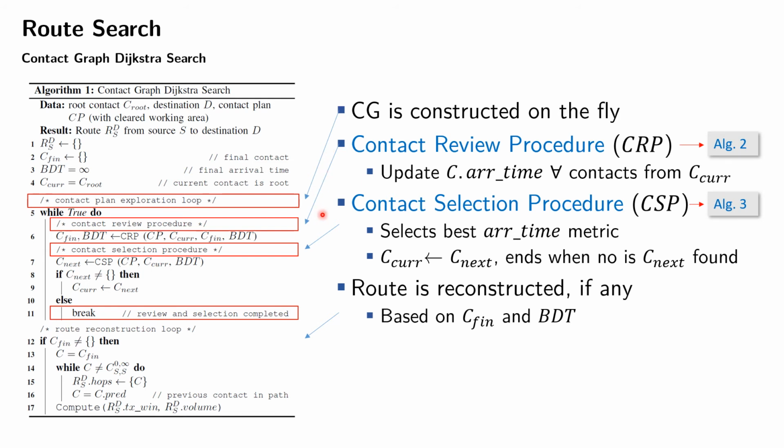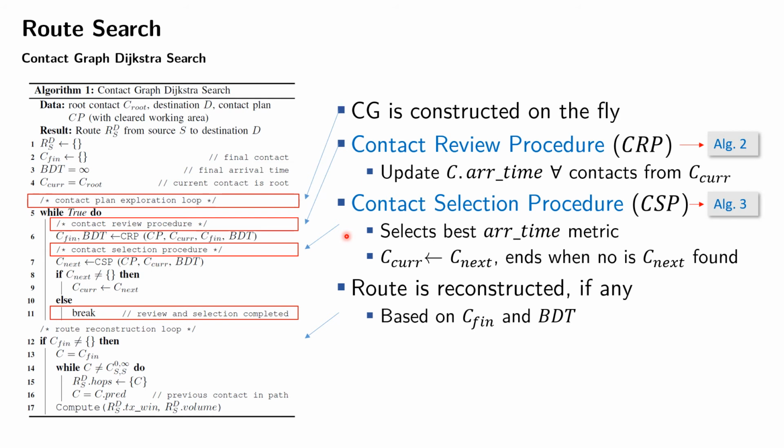In the contact review procedure, what you're basically doing is exploring the local contacts of your current contact and updating all the variables, all the metrics that you need. The metric we care about the most is, naturally, the arrival time that the contact represents. And then once we have updated all these neighboring contacts' metrics, it's time to run the contact selection procedure to select which of these contacts is going to be the next chosen contact.